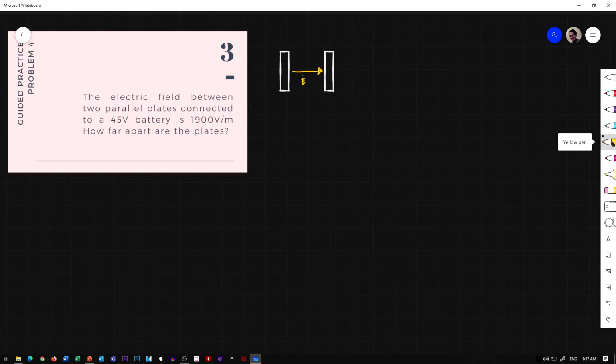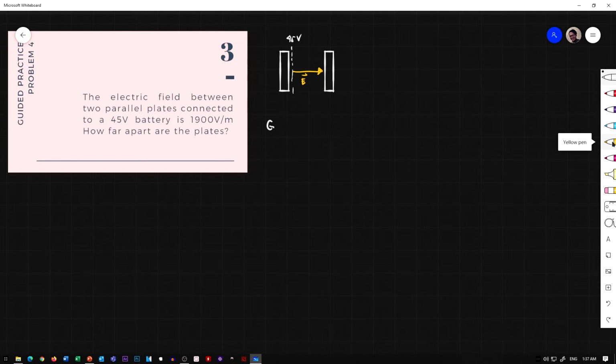There's a value of something something which is placed here. Okay, then we have a 45 volt battery that powers this thing. Okay, so let's place the 45 volts on, if you're going to start on this side, so this place has the maximum potential, so let's place 45 volts there.